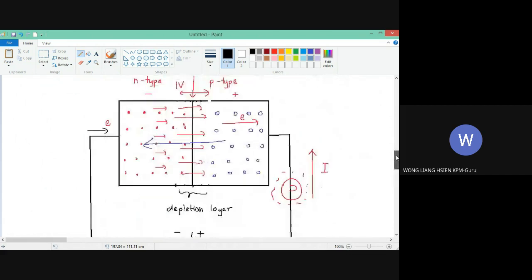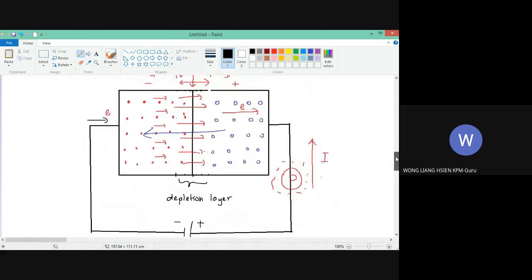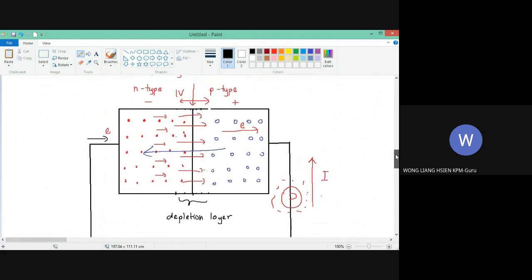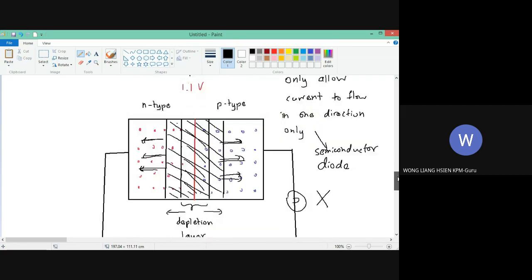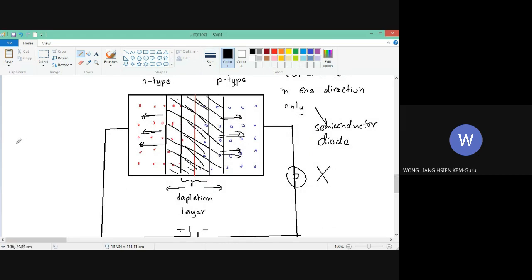Okay, now, the connection that allows current to flow, we call it forward bias. The connection that does not allow current to flow, we call it reverse bias.